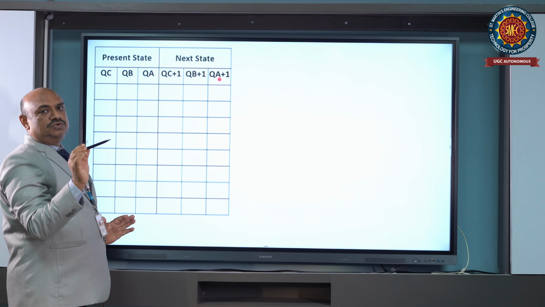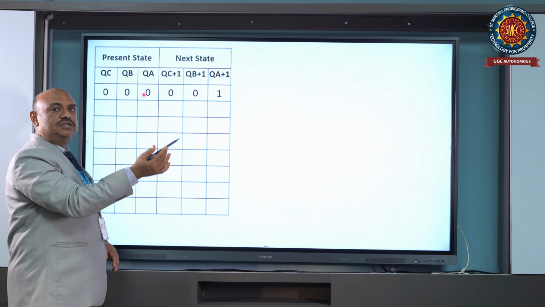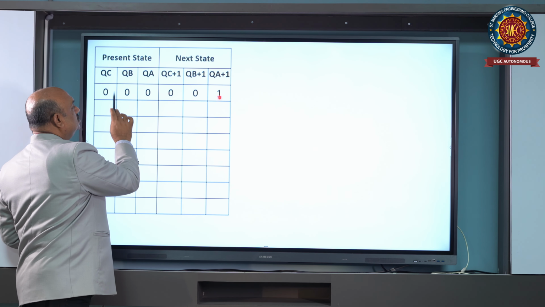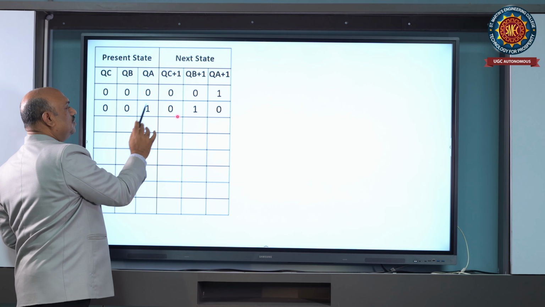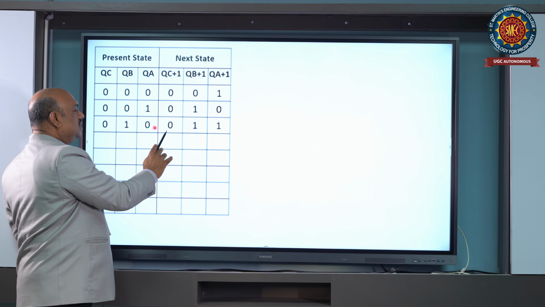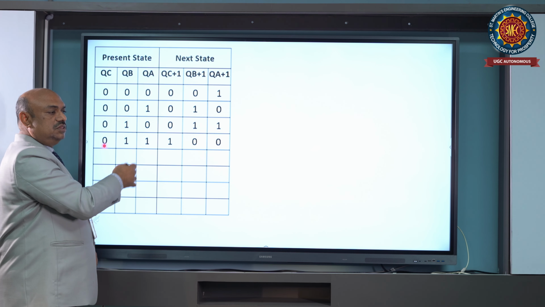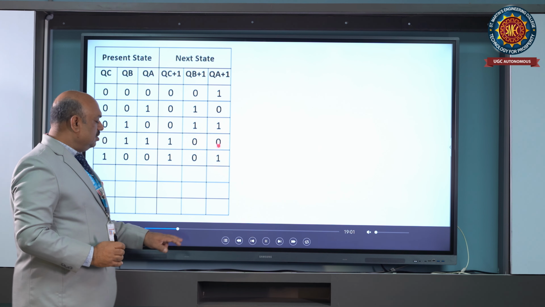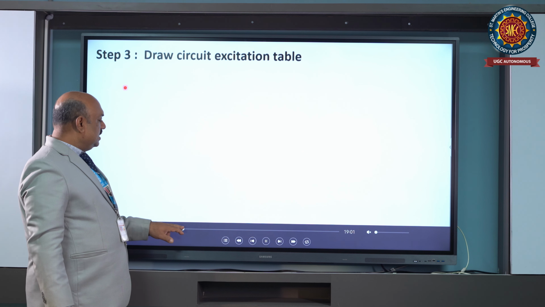Present state 000, next state 001. Present state 001, next state 010. Present state 010, next state 011. Like this, we fill all the information in the state table. After filling the state table, the next step will be the excitation table.